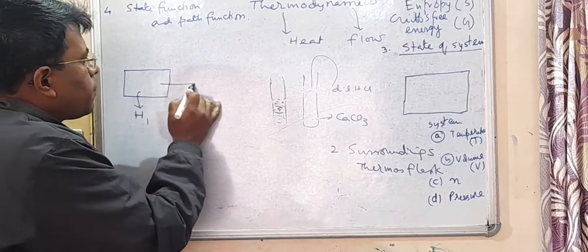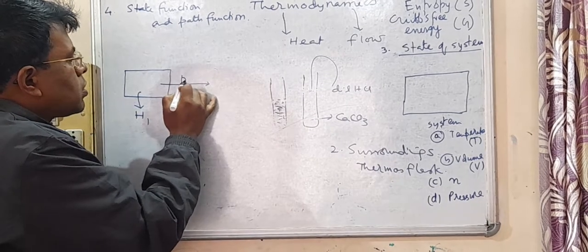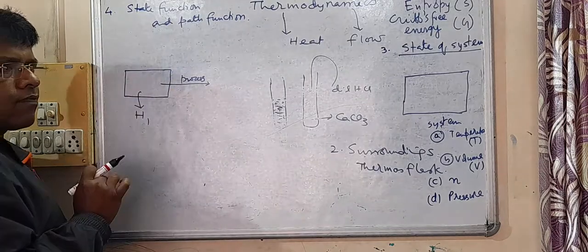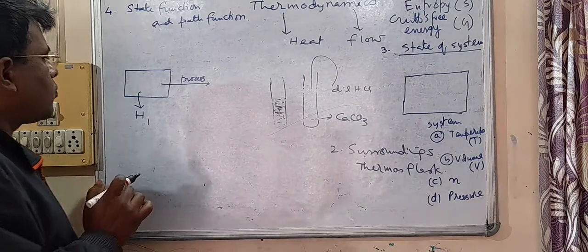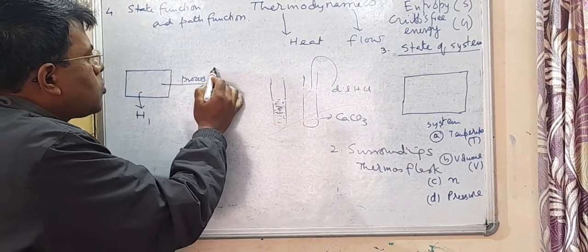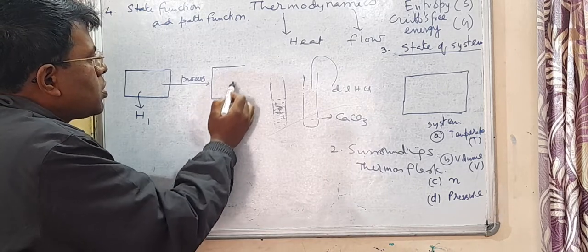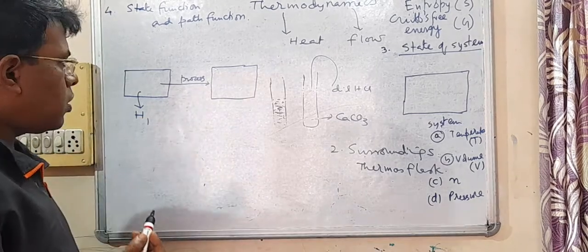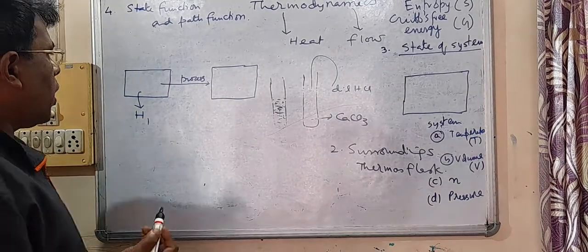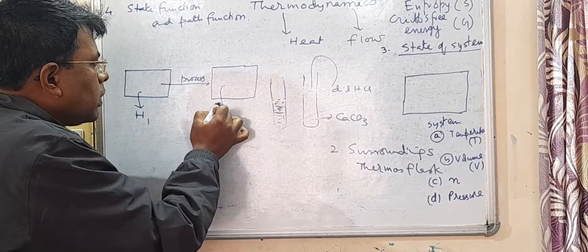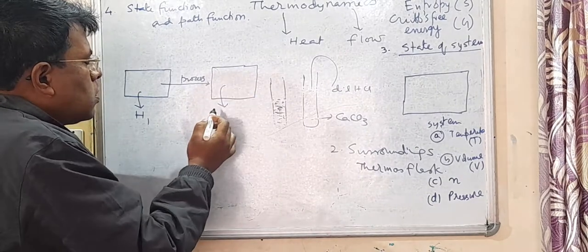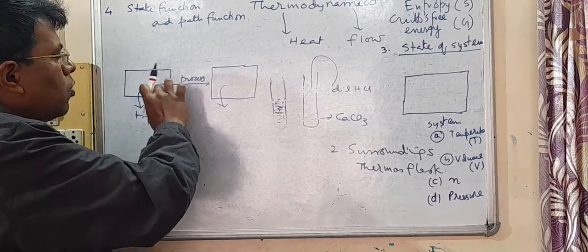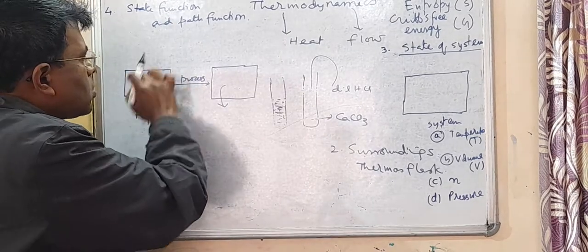Okay, now suppose a process is carried out on the system. If a process is carried out, the state of the system definitely is going to change, and the value of enthalpy of the system is going to change.